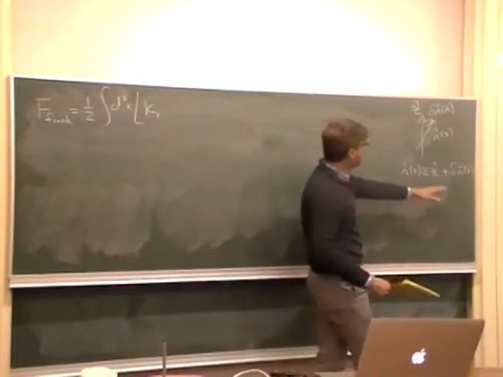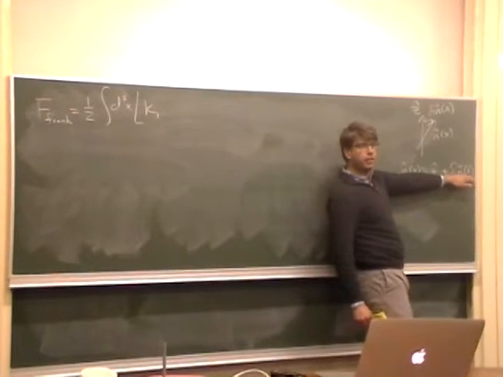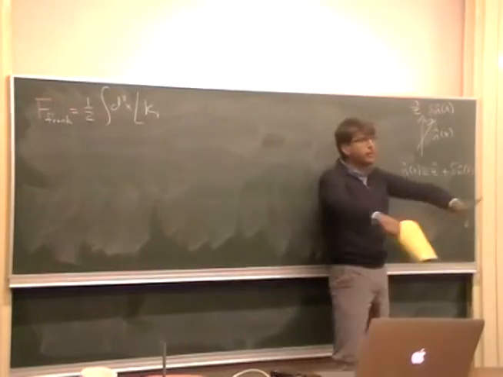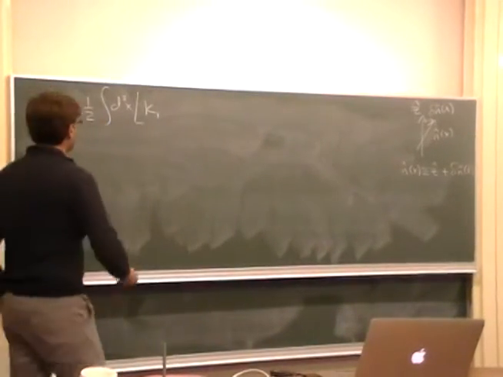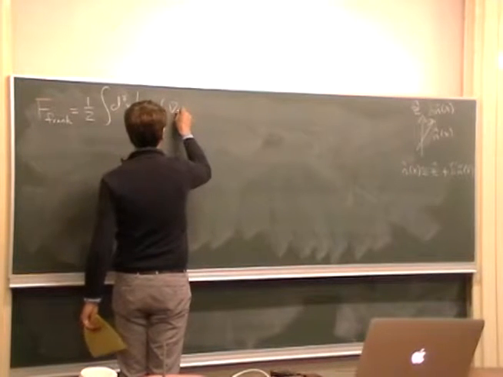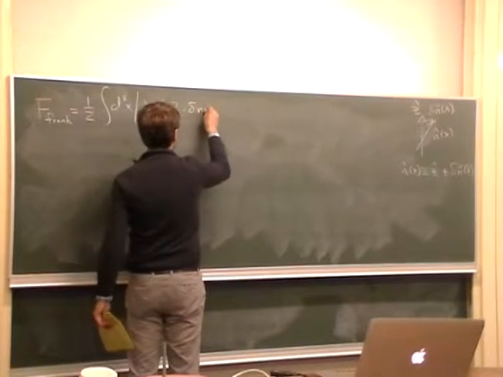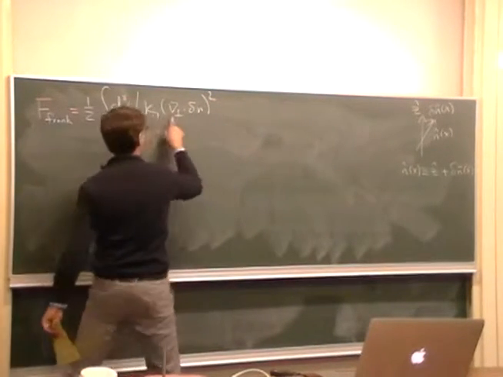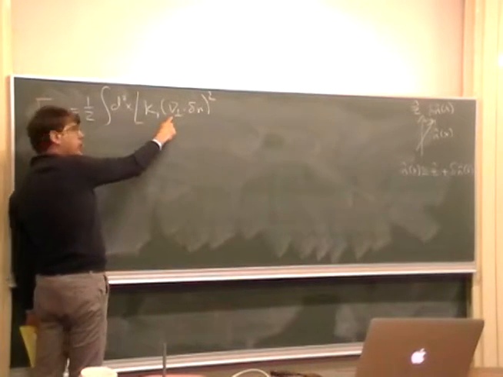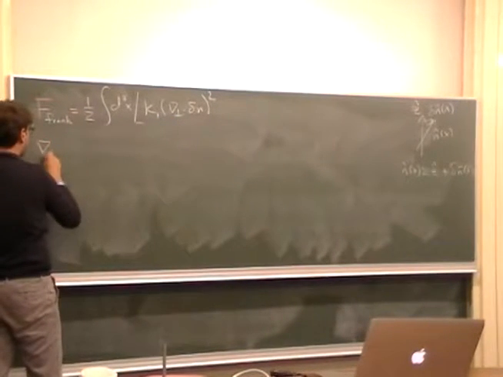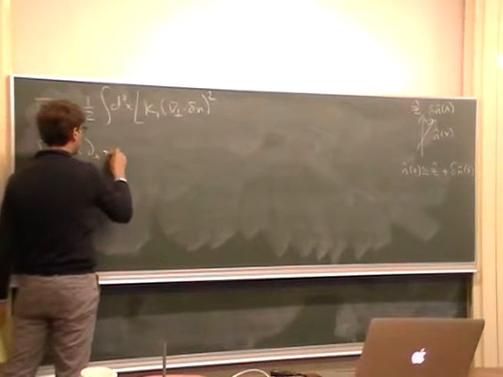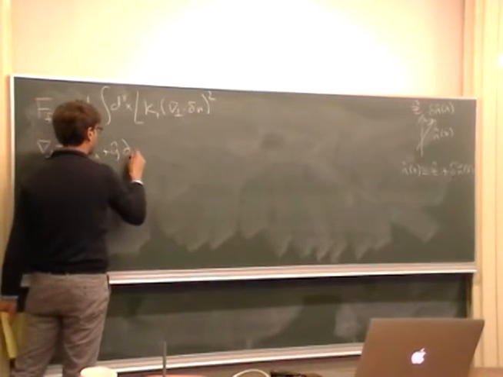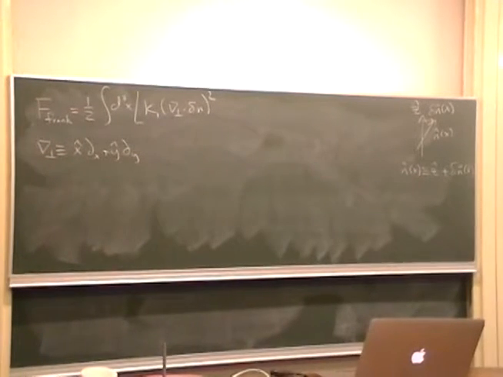But in this case, we've assumed that all of the variation is in the x and y direction. Okay, so the only part of the divergence we're worried about is in the xy plane. So we can write this using some notation using the perpendicular gradient. Okay, so I'll define this to be the gradient only in the x and y plane. Okay? No big deal.